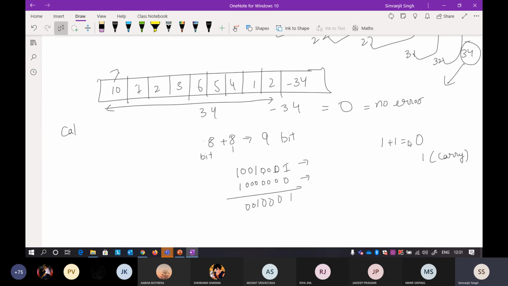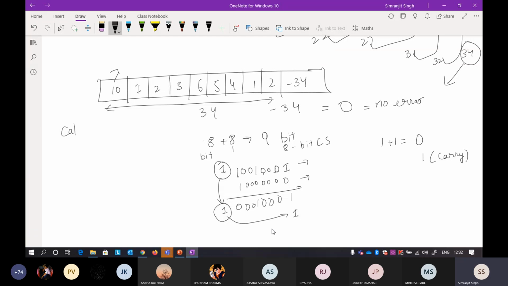Now this is the problem: if you place a 1 here, your checksum no longer remains an 8-bit checksum. It will be a 9-bit checksum, but we said we are calculating an 8-bit checksum. So in order to get rid of this problem, this particular carry is added at the end.